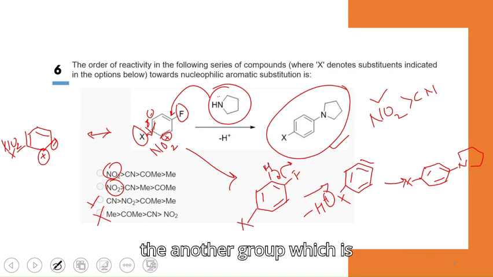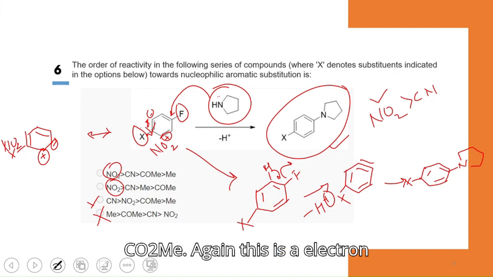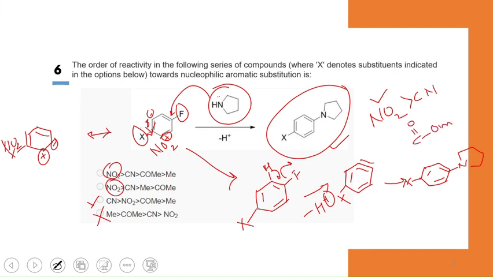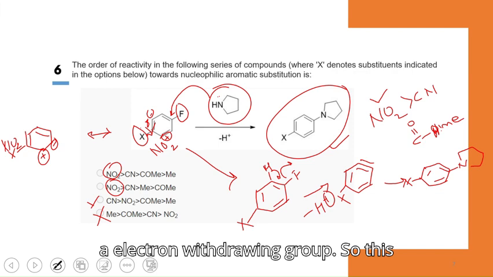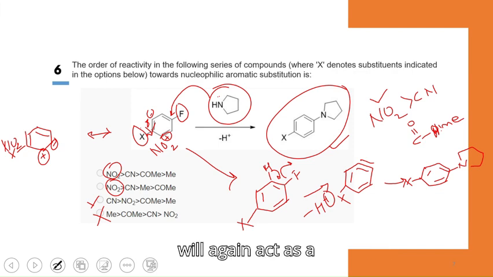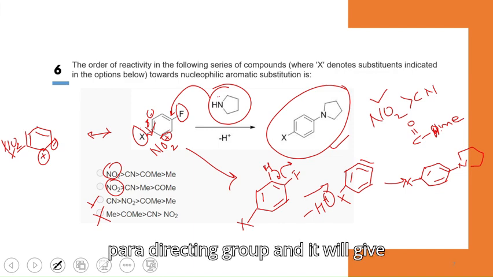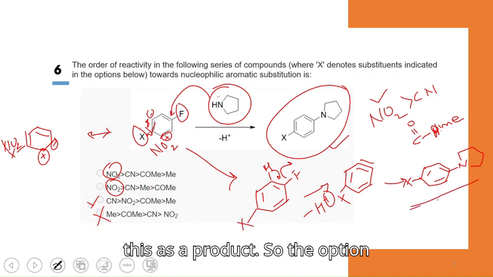Now talking about another group, which is CO2Me. Again, this is an electron withdrawing group, correct? Okay, so this is an electron withdrawing group. So this will again act as a para directing group, and it will give this as a product.